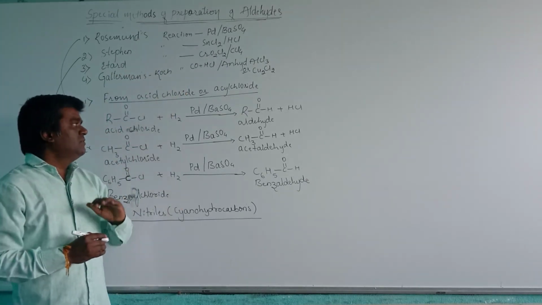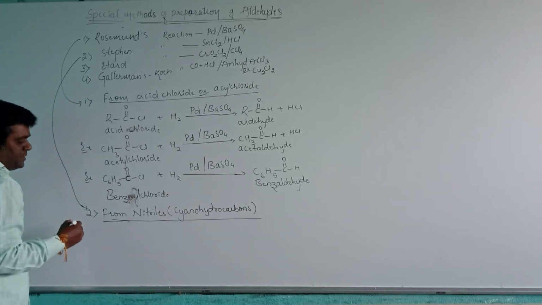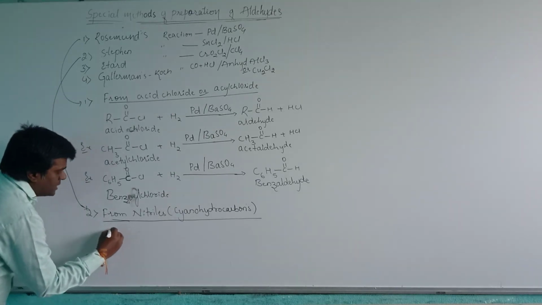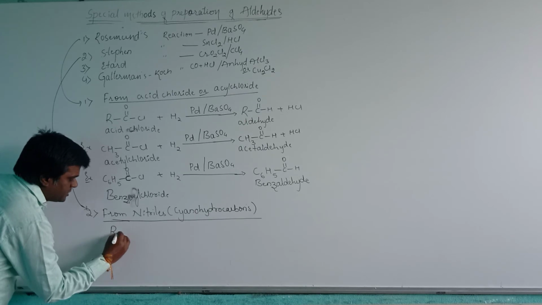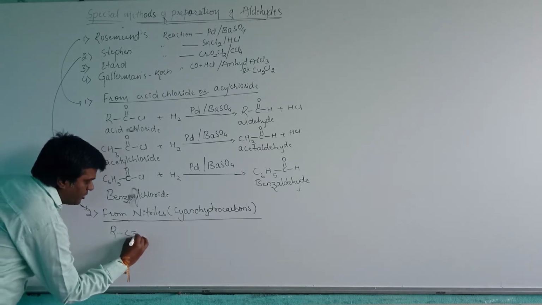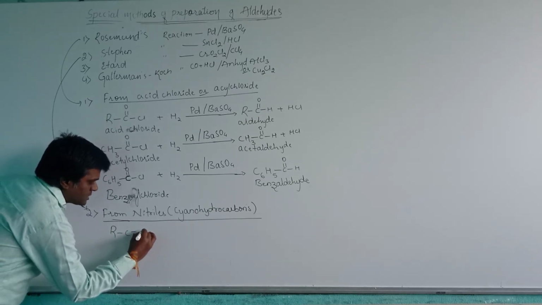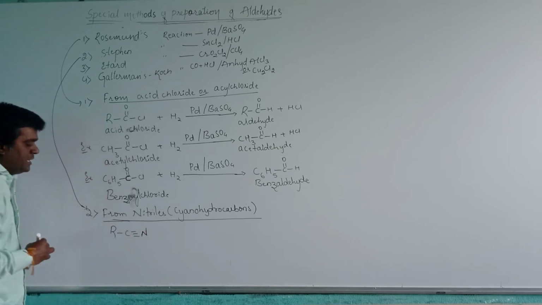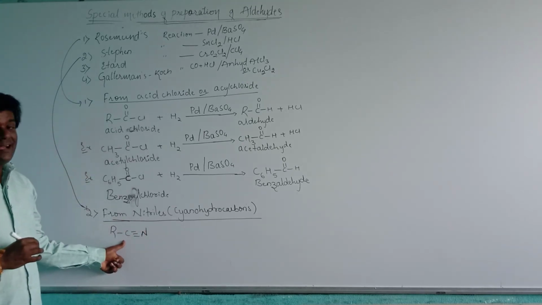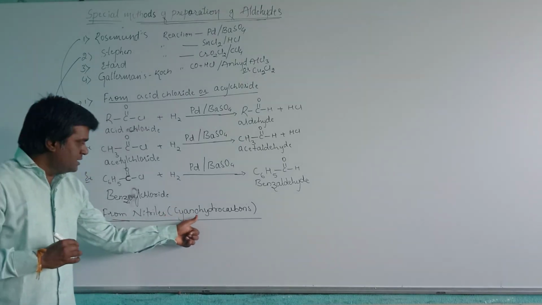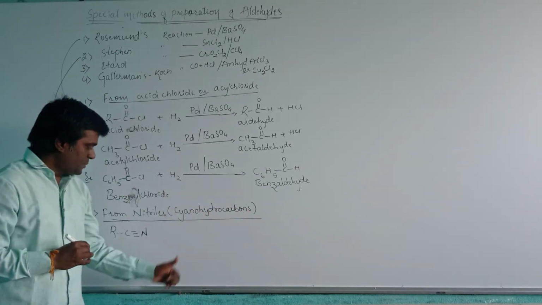How does the reaction take place? Let us see. The nitriles have the general representation R C triple bond N. Such compounds are known as nitriles, also known as cyanohydrocarbons.